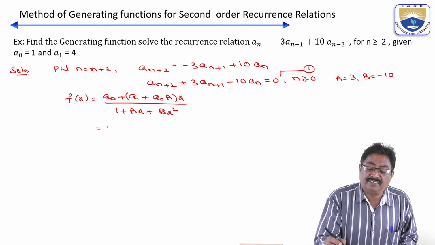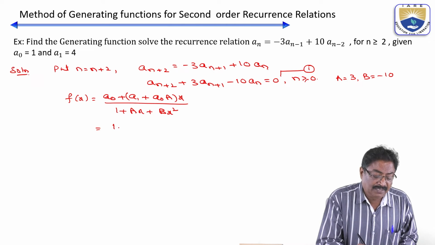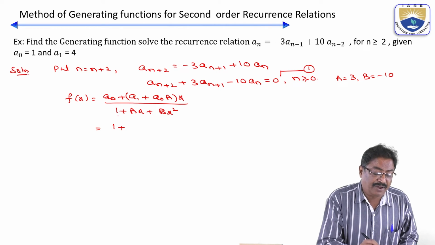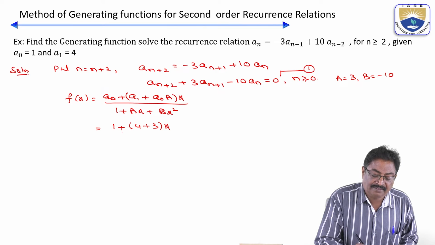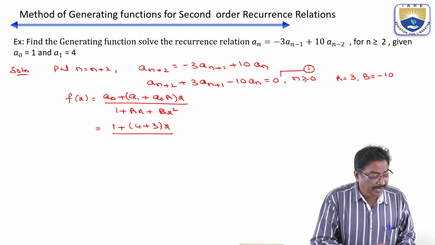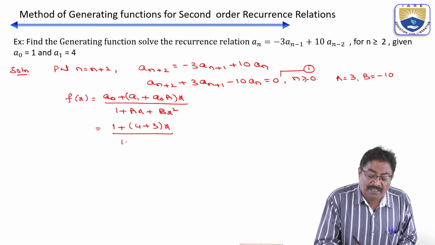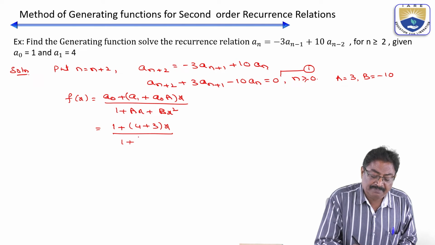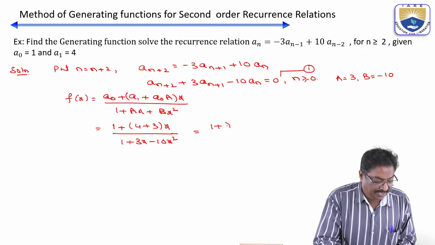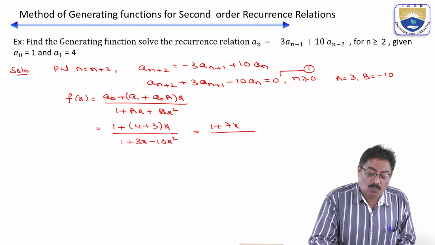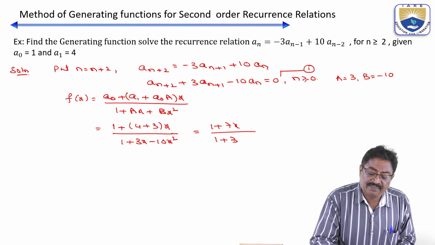Then a0 is equal to 1, a1 is equal to 4, and then 1 plus a is equal to 3x minus 10x square. So this is equal to 1 plus 7x by 1 plus 3x minus 10x square.